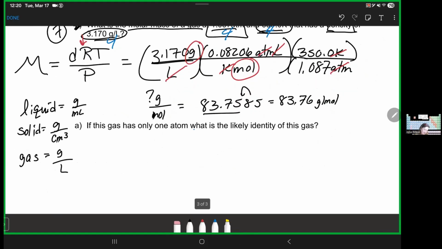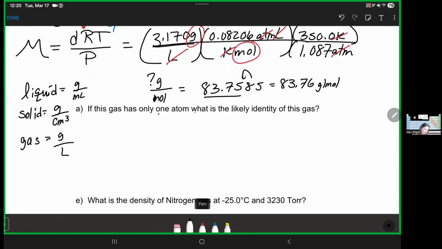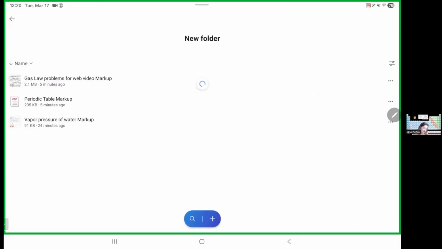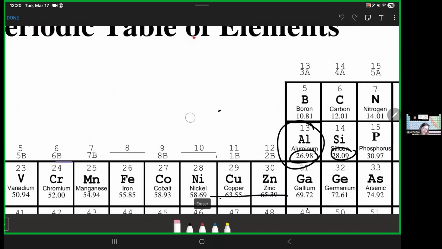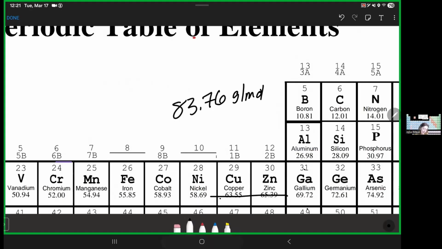So now the next question asks me if the gas has only one atom, it's not a diatomic, okay, it's only one atom. What is the likely identity of this gas? So we're looking at 83.7 grams per mole. So we go to our periodic table and we find what is closest to 83.7576 grams per mole.